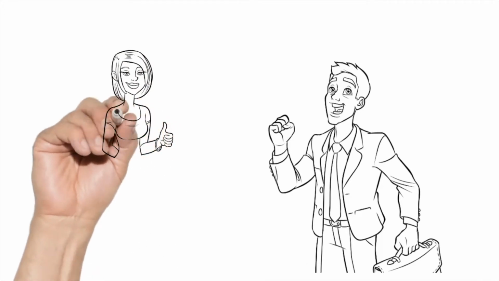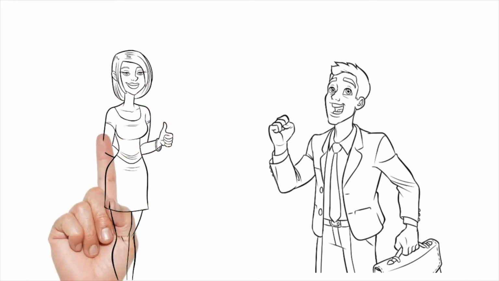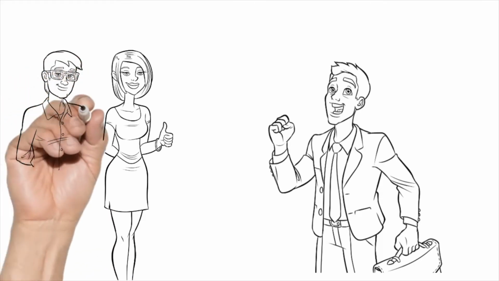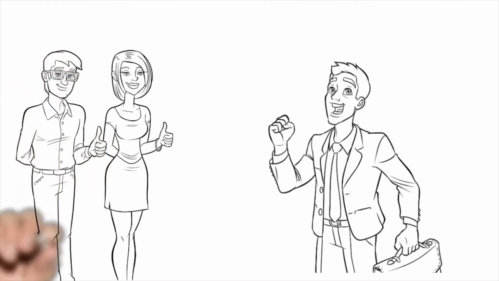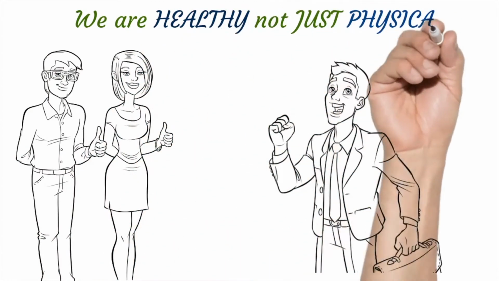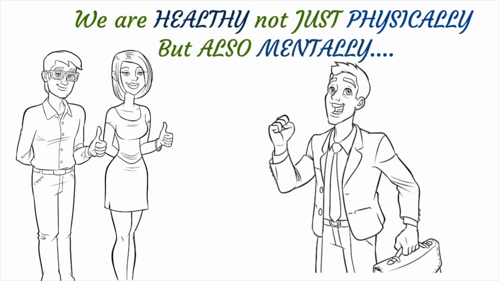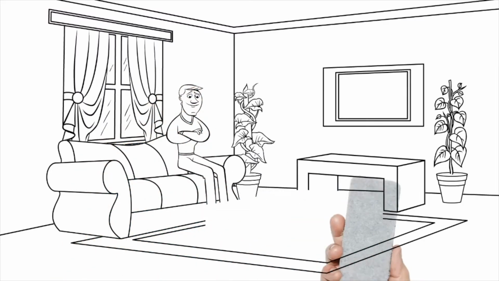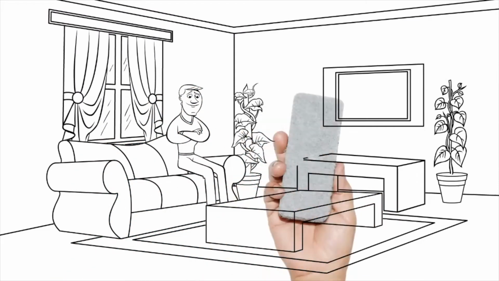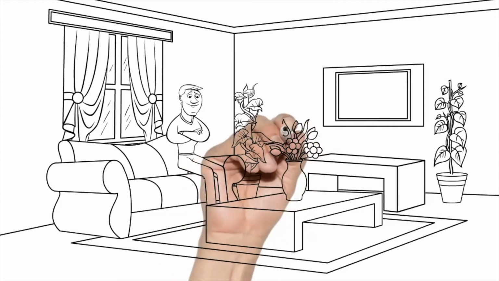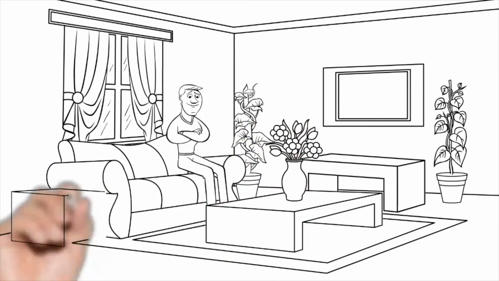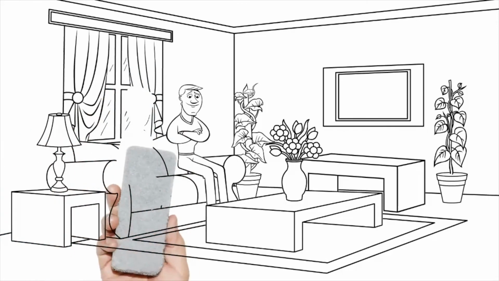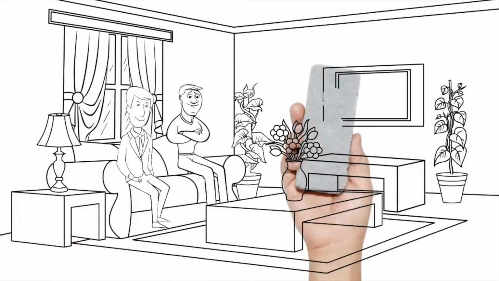If you see in the definition, it clearly says it is not just about physical well-being. It is very, very important that mentally we are happy, we don't have any depression, we are not stressed out, we are calm, we are happy, we are blissful, and also within our social circle, which encompasses the other Q which we'll discuss later, which is emotional quotient, that we are happy not only in ourselves.